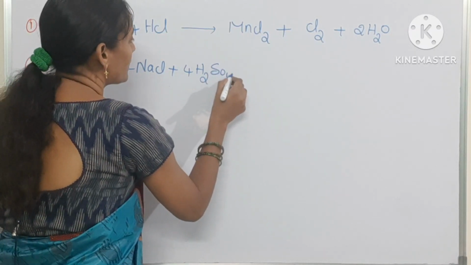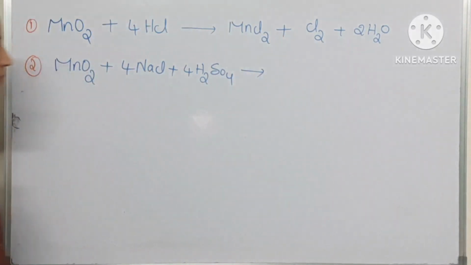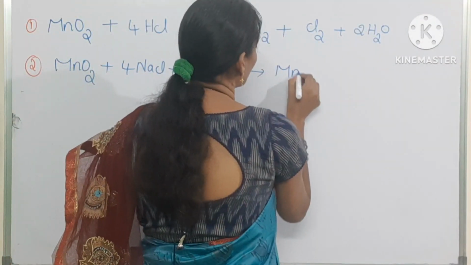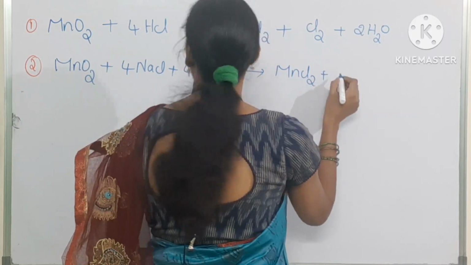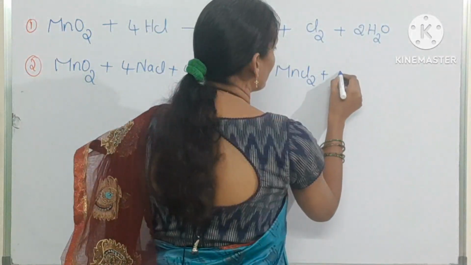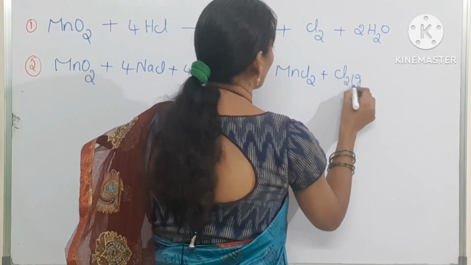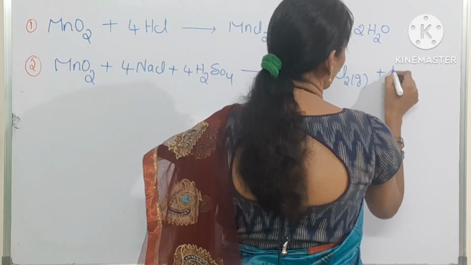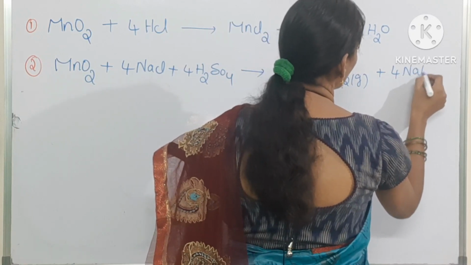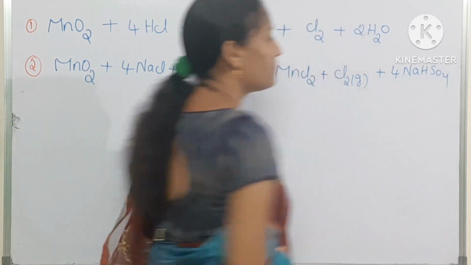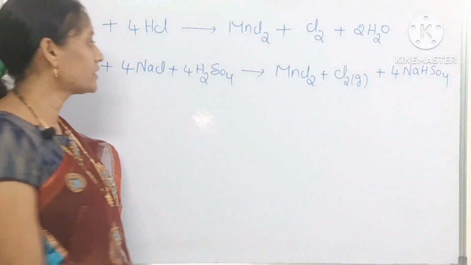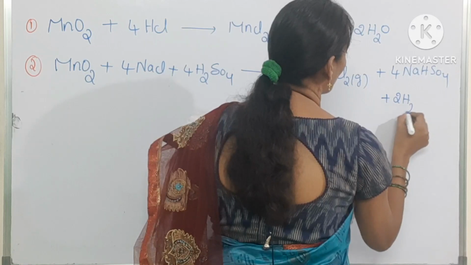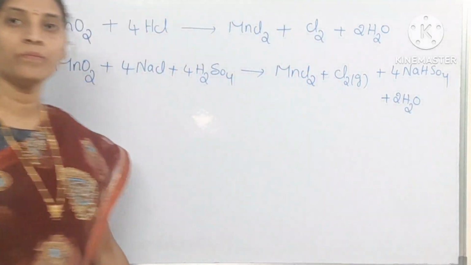Manganese dioxide reacting with the mixture of common salt and H2SO4 will form MnCl2 and chlorine gas. Next one is 4 moles of NaHSO4, sodium bisulfate. Along with this we will also get water, 2 moles of water. That compound is sodium bisulfate.